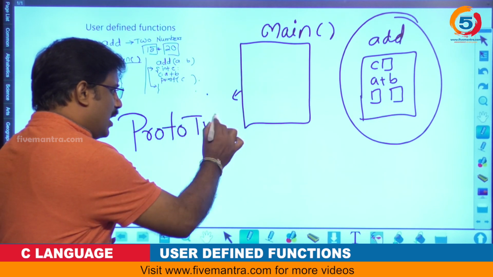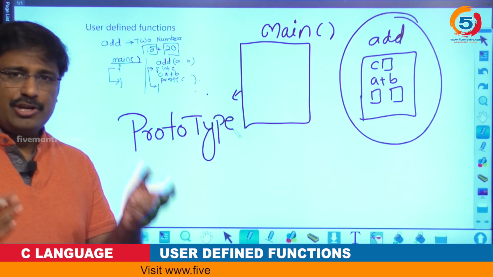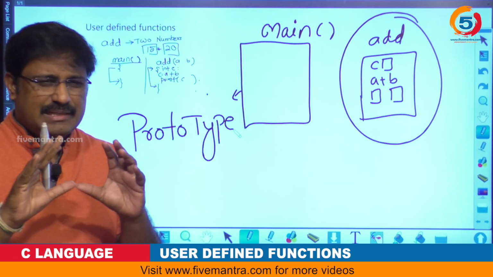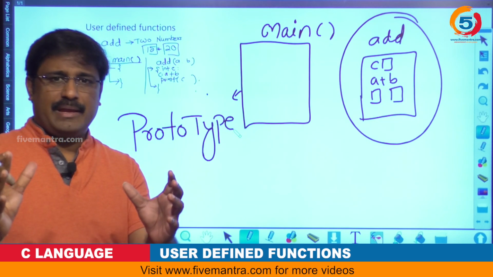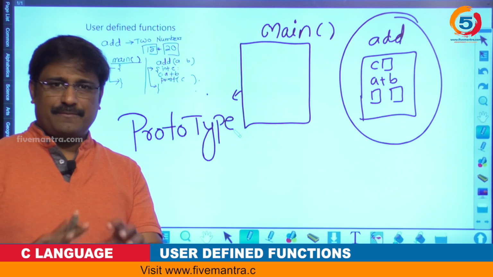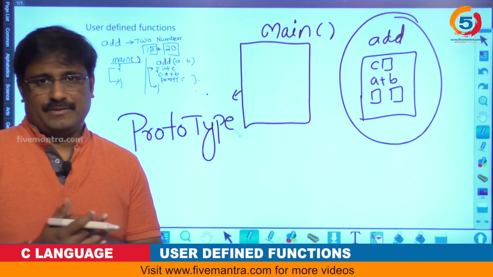Here you are explaining your task or your function with the help of a prototype. What are the resources I am using, what is my function name, what is the output of the function.